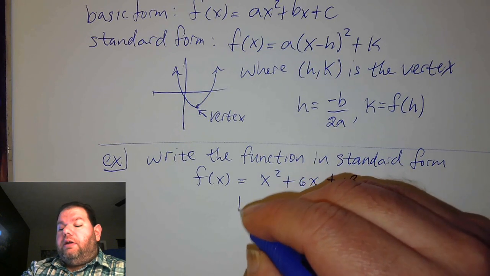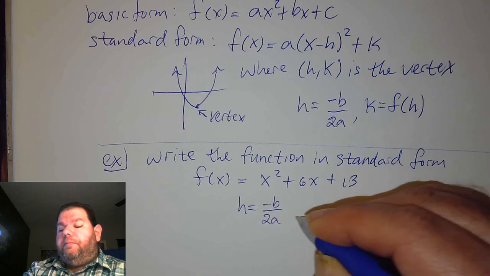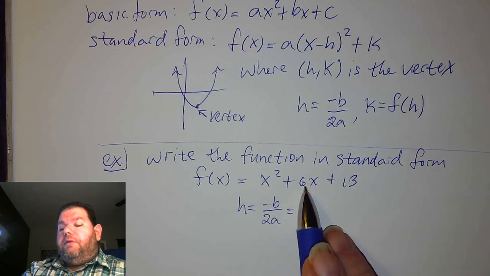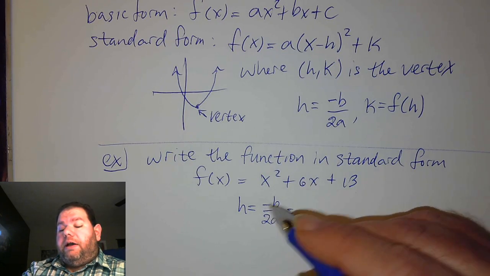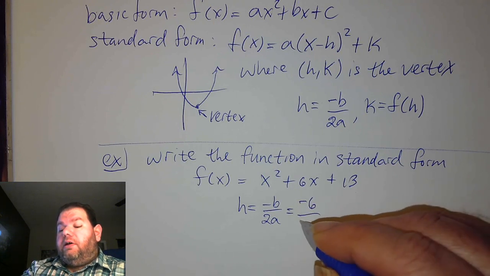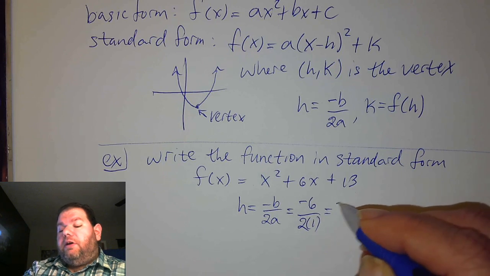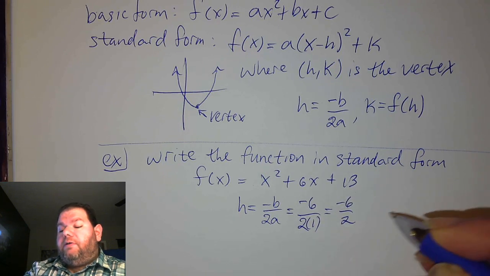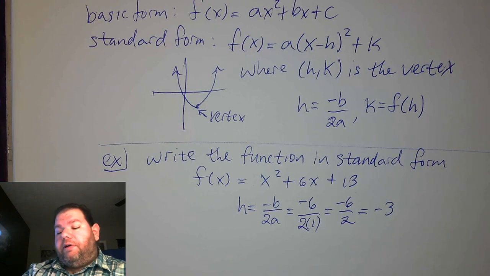So h is negative b over 2a. Our b value in this case is 6, so negative of that would be negative 6. A is 1. So we end up with negative 6 divided by 2, and that gives us a value of h equals negative 3.